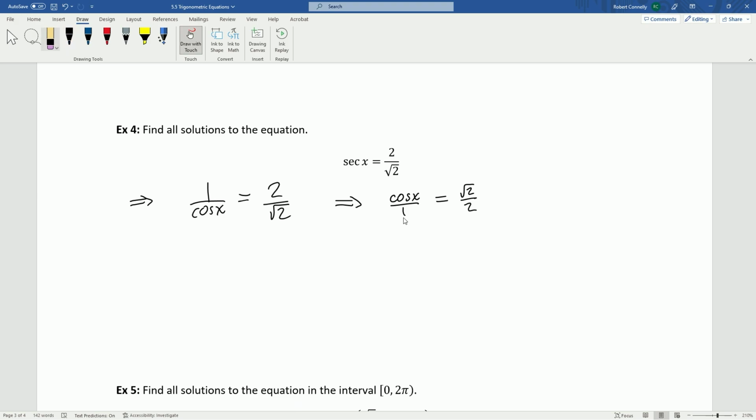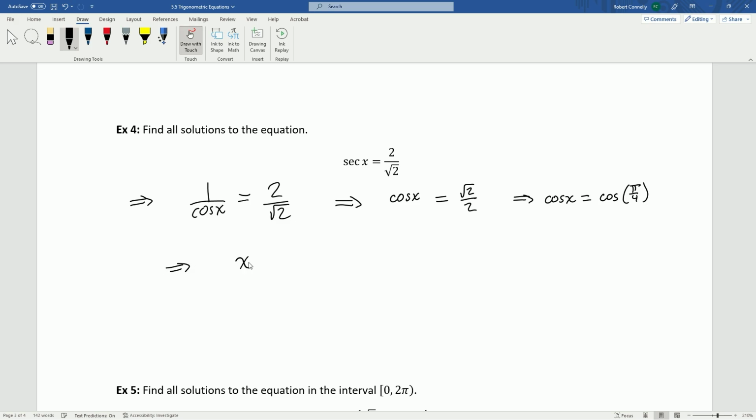But I don't need to write cosine of x over 1, that's redundant. So we'll just leave that as cosine of x equals the square root of 2 over 2. And then I just ask myself, what angle gives me the square root of 2 over 2 for cosine? And pi over 4 does, so that'll work.